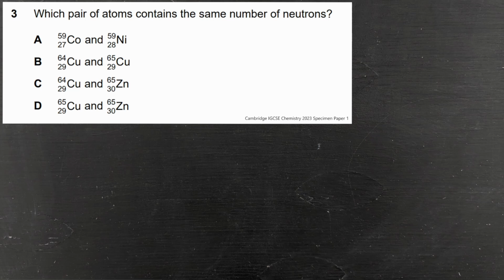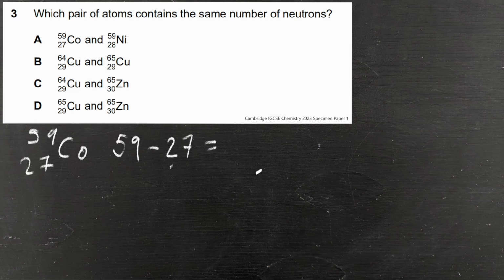So for the case of cobalt, it says 59Co27. So we know there are 27 protons, and the overall atomic mass is 59. So if we do 59 minus 27, we will find that there are 32 neutrons.